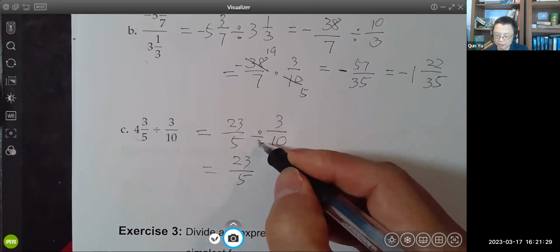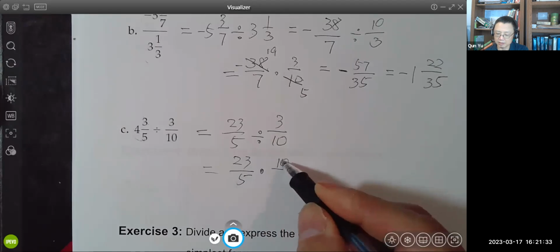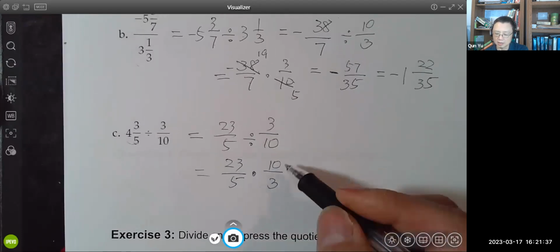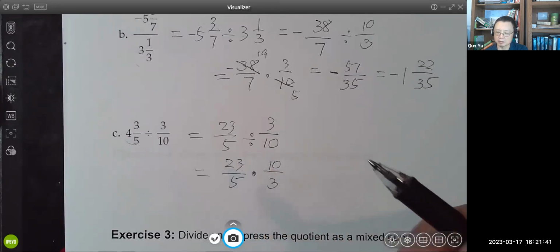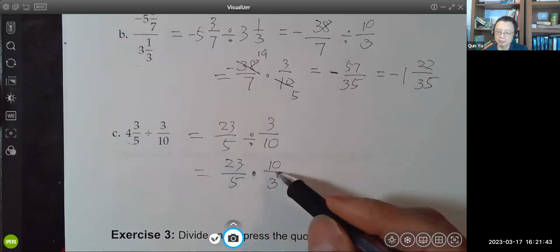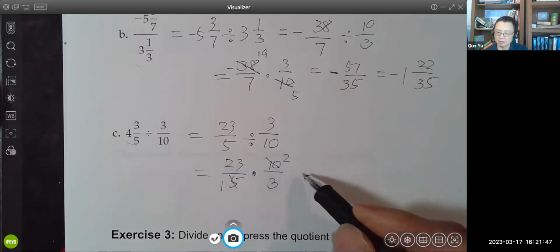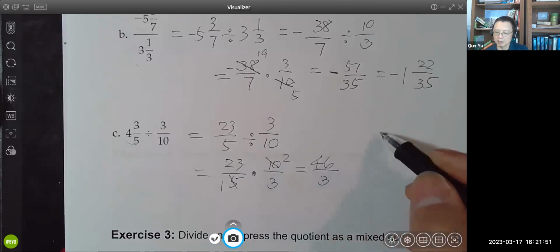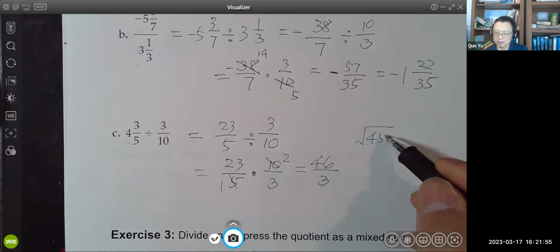This should be division. We change division to multiplication and switch the second number to get the reciprocal. Now, 23 is a prime number. It cannot be divided by any number, so we cannot simplify that. But 10, 5, both can be divided by 5. Now multiply them together, we get 46/3. And let's do division.